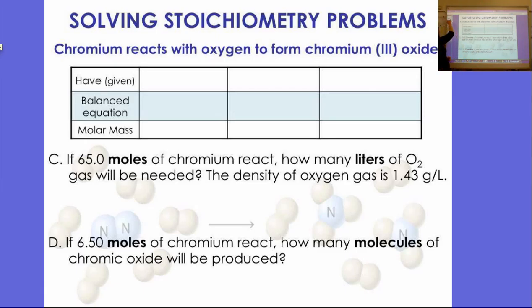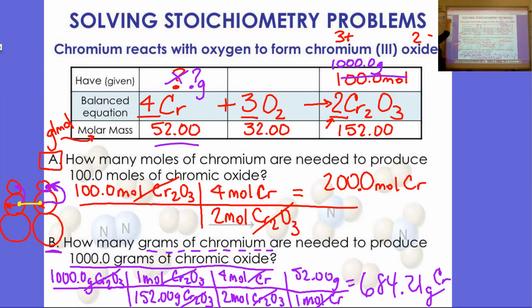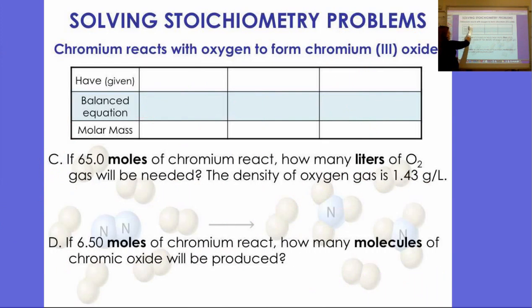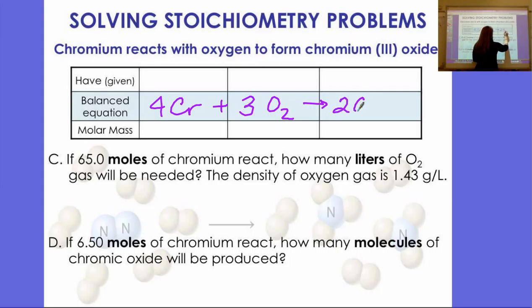Same reaction. You can copy your balanced equation here for chromium plus 3 oxygen goes to 2 Cr2O3.